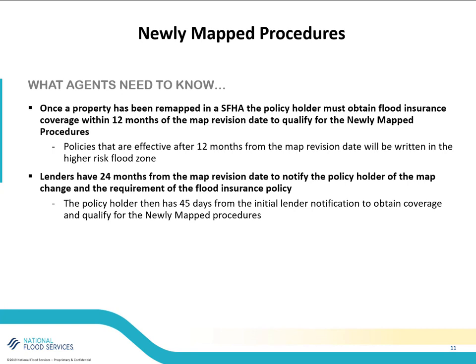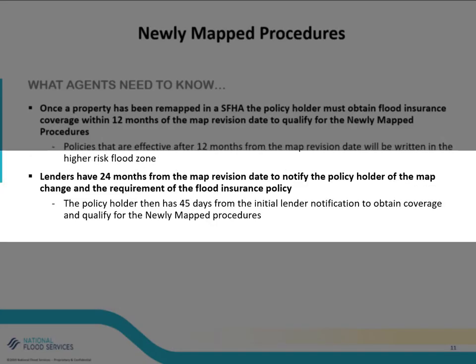If this is completed, the policyholder will receive 1 year at a preferred risk policy rate, then gradually will have increased rates until such time as the application of the elevation certificate reduces the premium, or if eligible, the grandfathered rate is more economical.